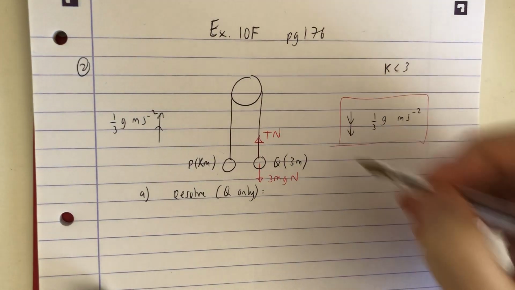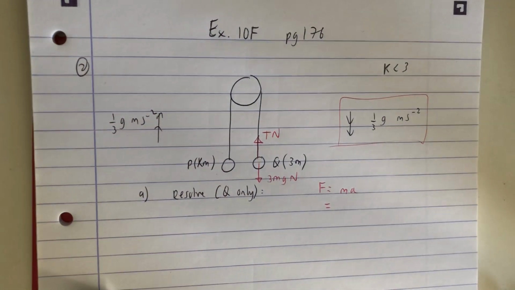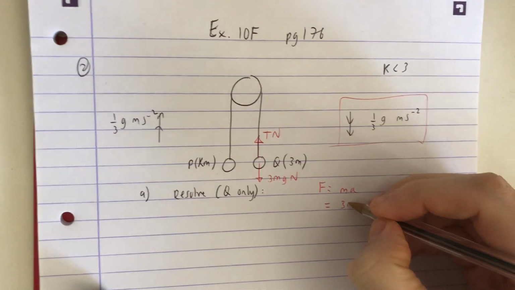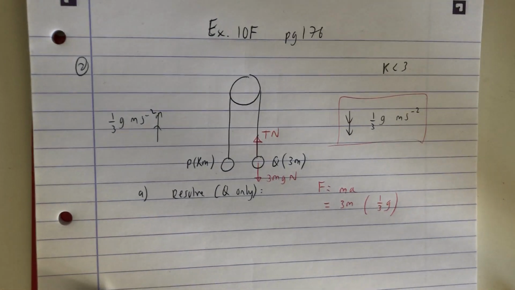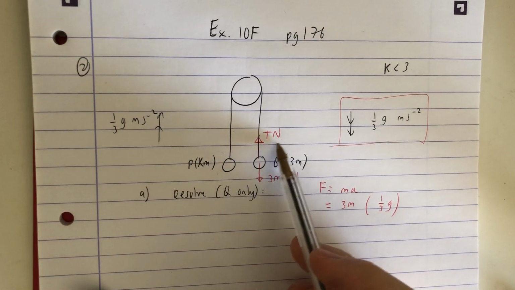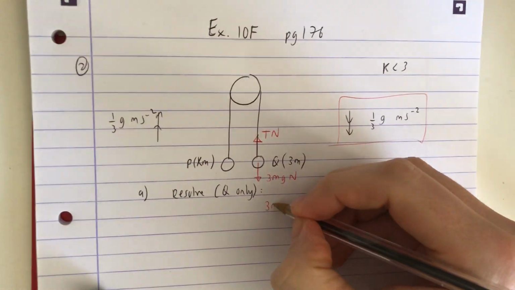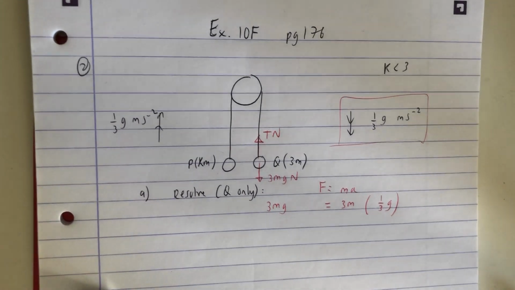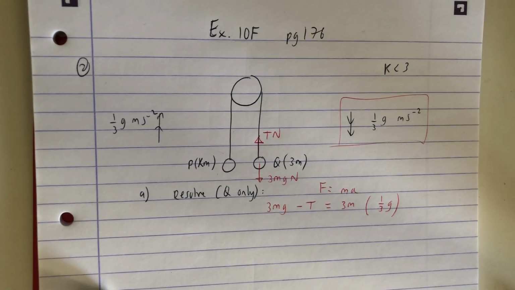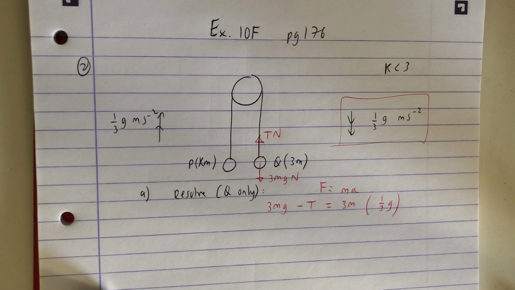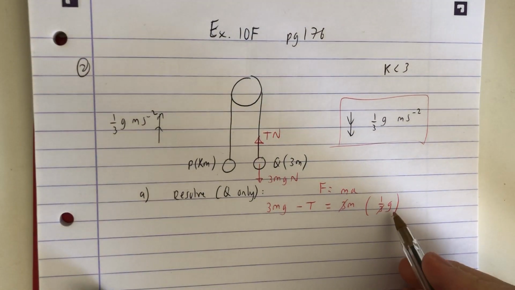And it's accelerating, so F equals ma, Newton's second law. The mass of this object is 3m. The acceleration of this object is 1/3 g. Forces going with the motion, 3mg, subtract the forces going against the motion, which is T. And we have to make T the subject. So 3 times 1/3 disappears, so that's just mg.